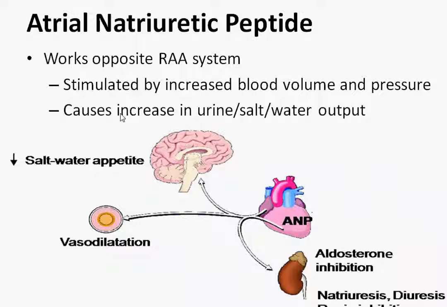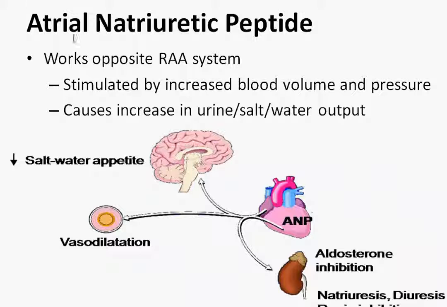It is also part of the RAA, which is the renin angiotensin aldosterone system, which there's a separate video of. But basically, this hormone is released in the heart, the actual muscles, the cardiac cells, and it's stimulated by increased blood pressure.